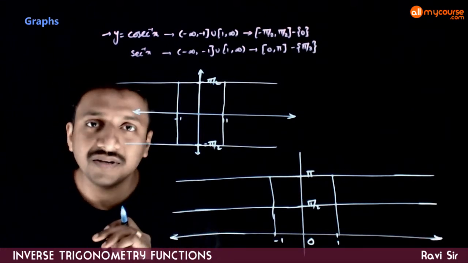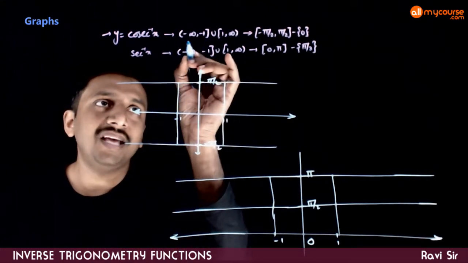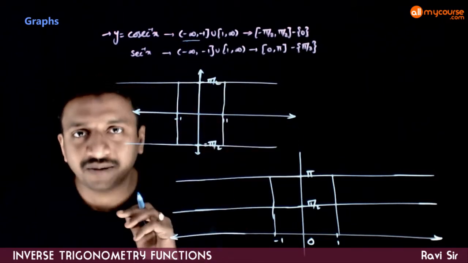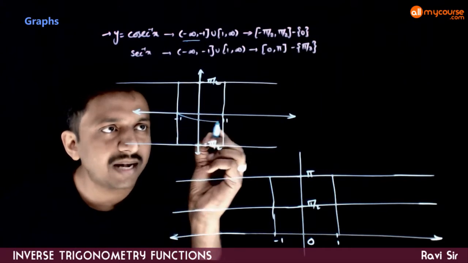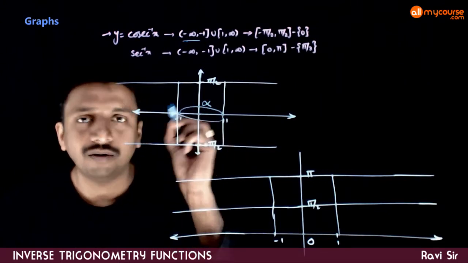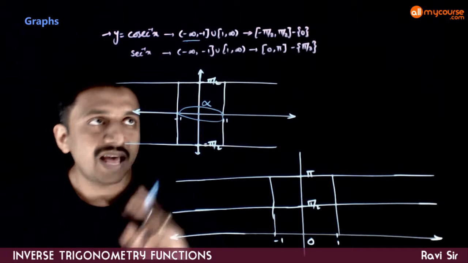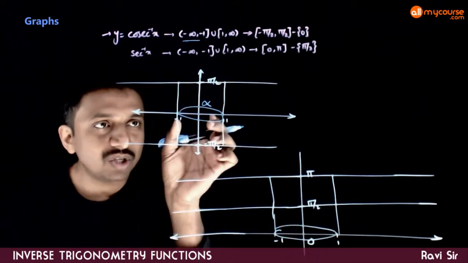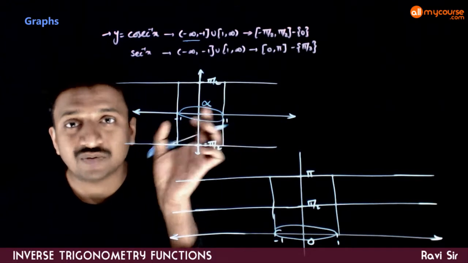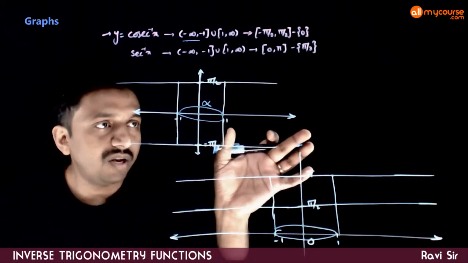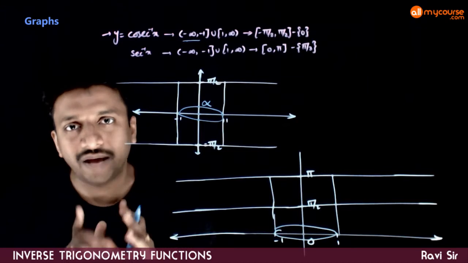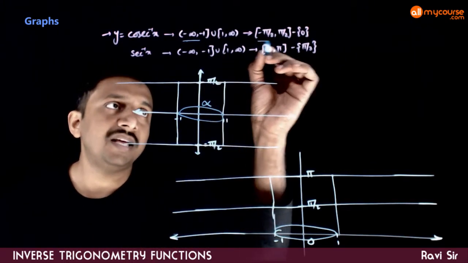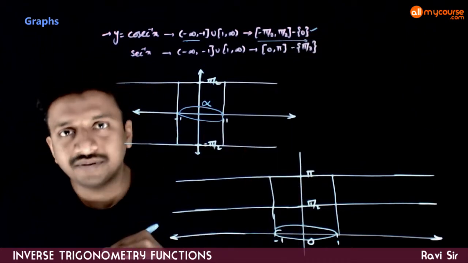Now, for the cosecant inverse x function, the domain is minus infinity to minus 1 and 1 to infinity. That means this part does not come in the domain of cosecant inverse as well as secant inverse. That means there is no graph corresponding to these values of x. Only for these values of x will you have a graph. And as you can see, in the range 0 is absent.